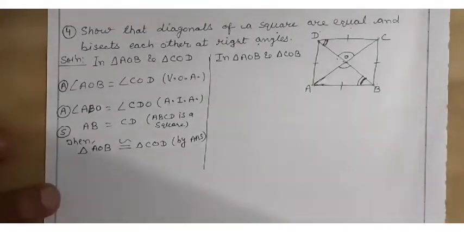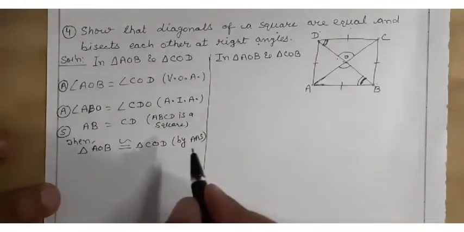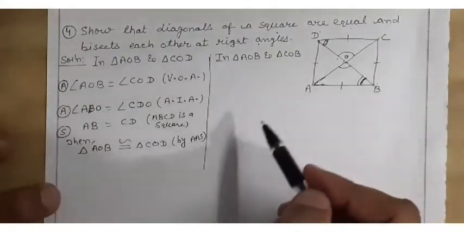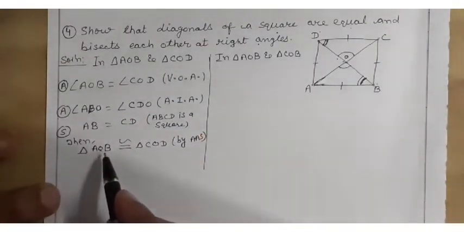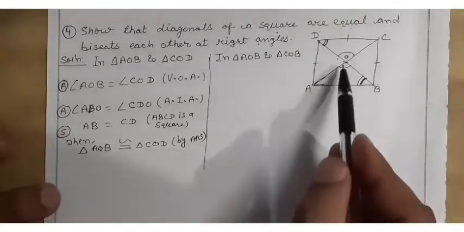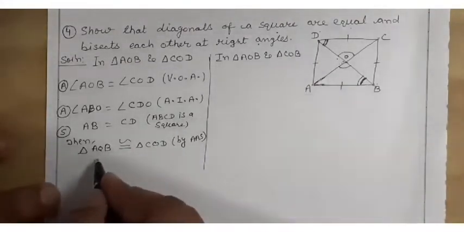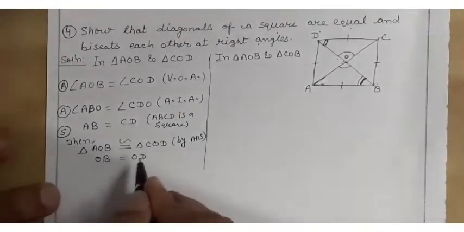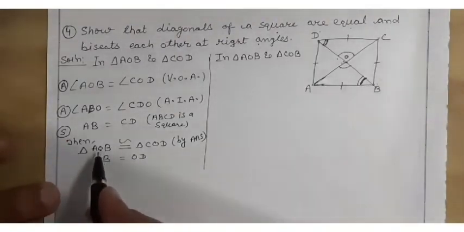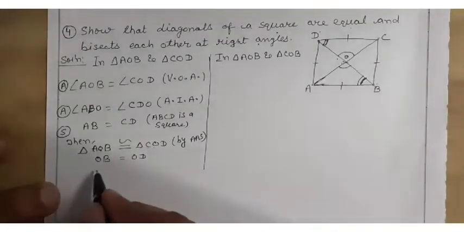Okay. What is the meaning? You can say OB equal to OD, clearly, by CPCT, and OA equal to OC also.